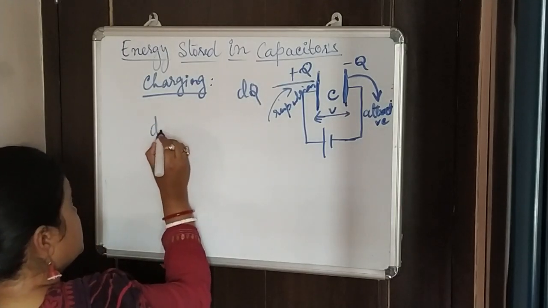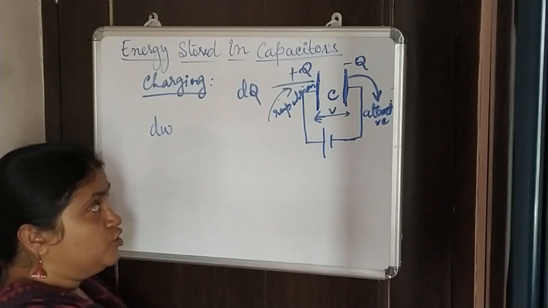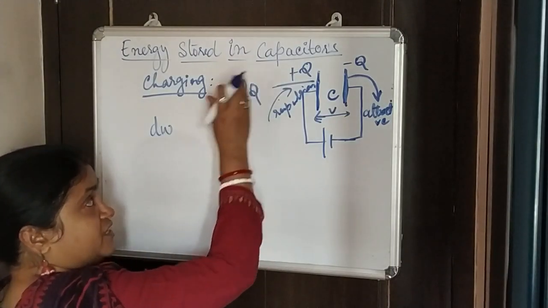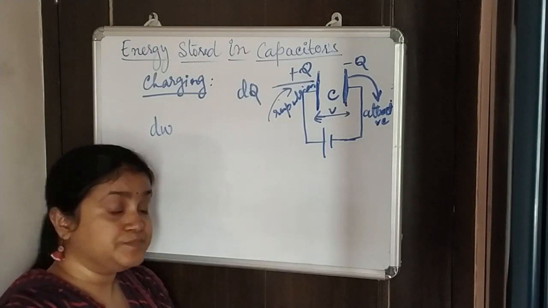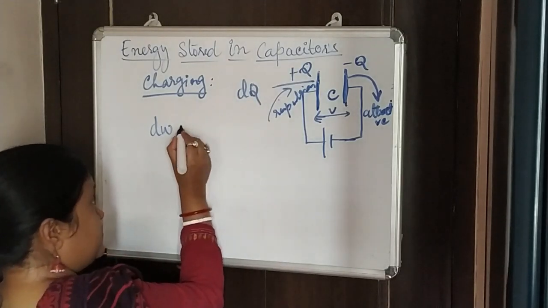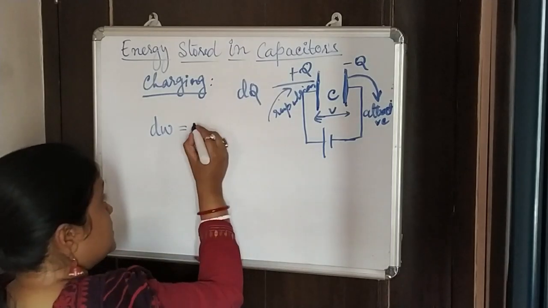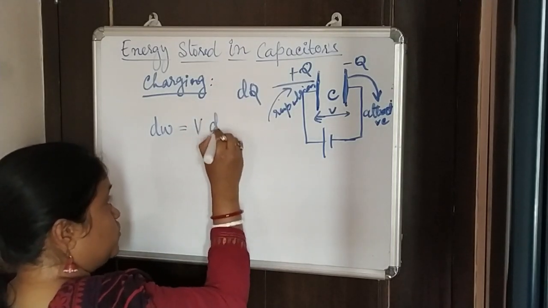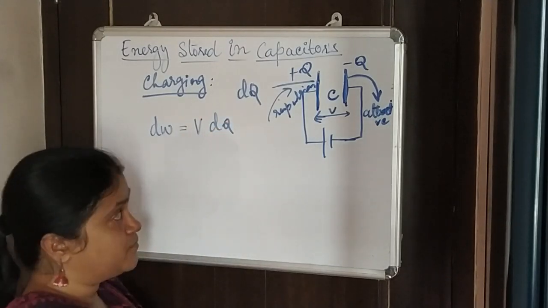Suppose the battery has to do the work dW, and that's how dQ amount of charge is getting stored in the capacitor, right? As we know, work done is potential times the small amount of charge transferred.